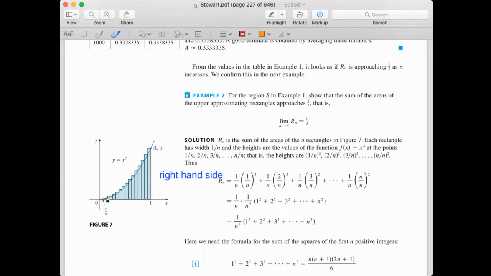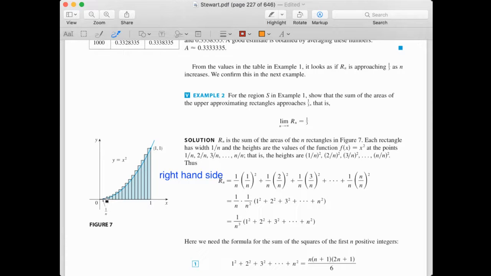The height is f of that x value, which is squared. So what's the x value for the second one? The second one is 2 over n. So 1 over n is the width, then times f of 2 over n, which is 2 over n squared.